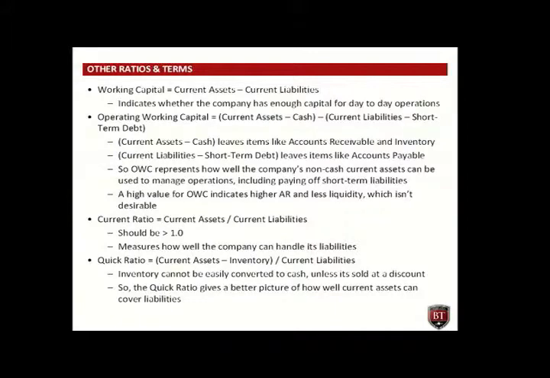If you do convert your inventory to cash right away, chances are you're giving it away at less than what you might get if you sell it when you're patient. So inventory is a less liquid item that's taken out to arrive at the quick ratio, which gives you a slightly better picture of how well your current assets cover your various current liabilities.